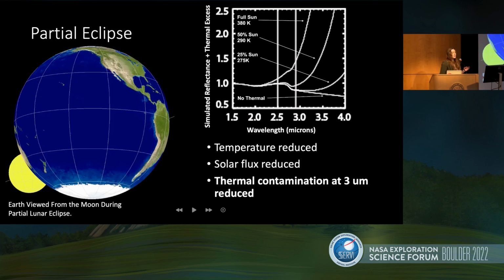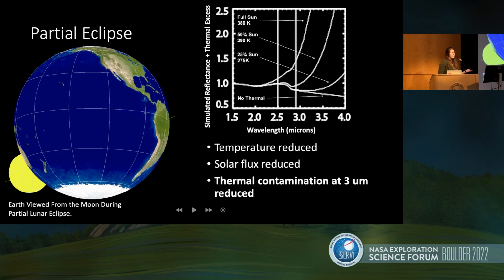So what's interesting about partial eclipse is that the temperature is reduced because the solar flux is reduced. So the thermal contamination at 3 microns is reduced, letting us sidestep some of this thermal issue. If you look at the graph in the top right, under full illumination conditions, without correcting for thermal excess, there's a large drop between that and then 50% illumination.